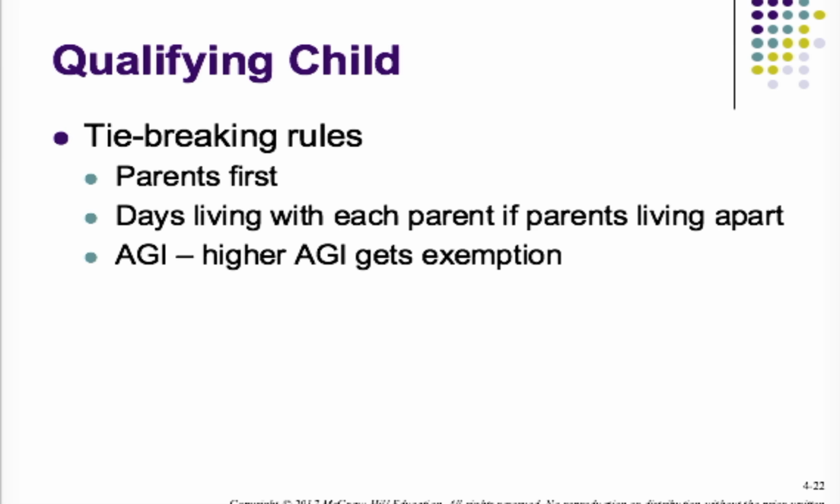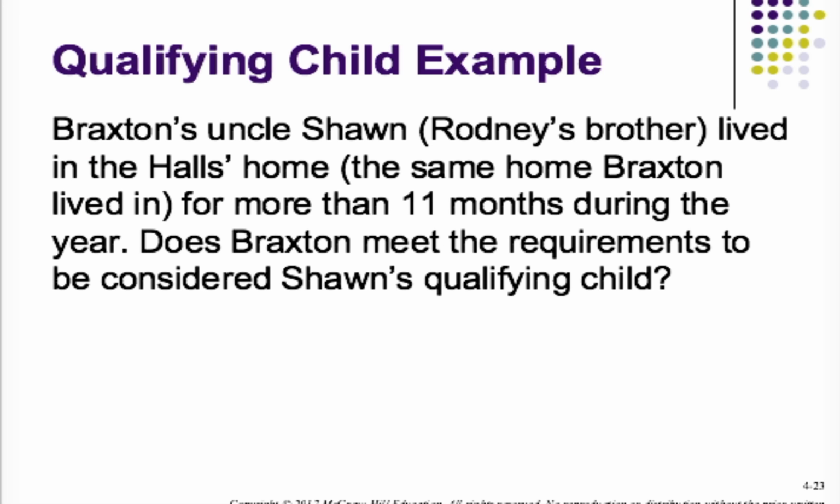Okay? If the individual lives with each parent for a portion of the year, you would then look at which parent the child lives with for more days of the year. Finally, if all of those are equal, you would look at whoever has the higher AGI as the final tiebreaker. So the person with the higher AGI of the two in question would get the exemption.